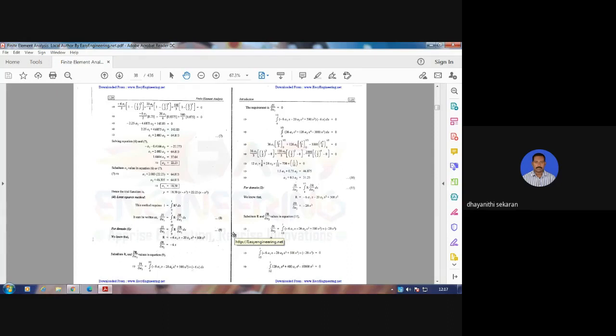So we need to differentiate the residue with respect to a1. So ∂R/∂a1 equals minus 6x.